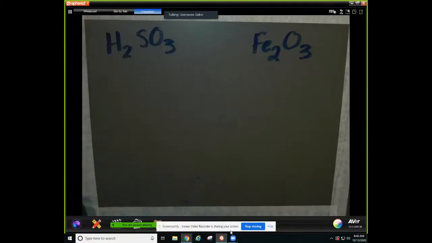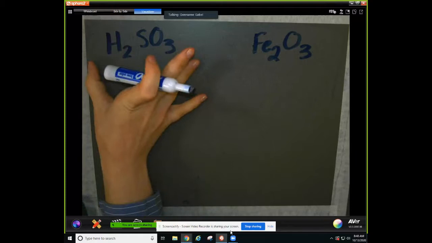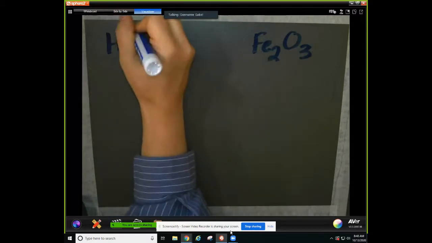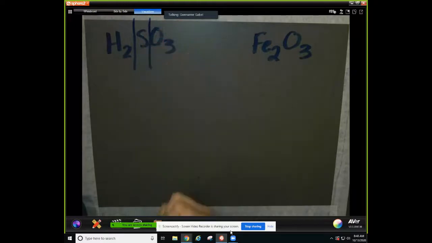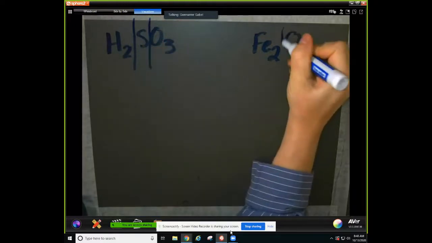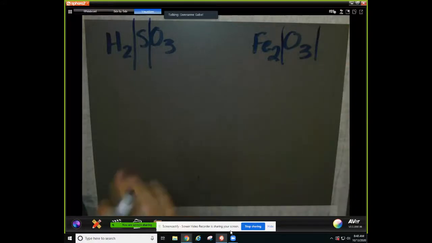Okay, so when we have our formula, this is a chemical formula, I'm going to draw these lines down to separate them so that I know where the subscript belongs, because the subscript tells me how many atoms I have.